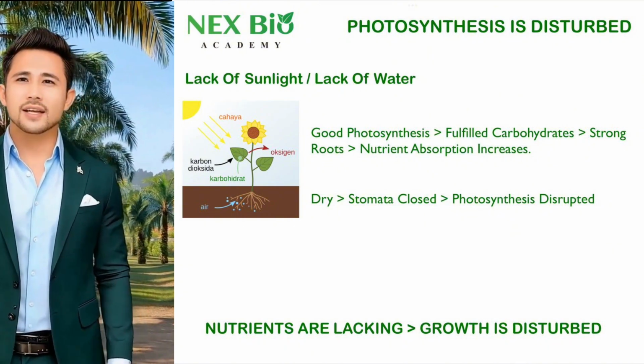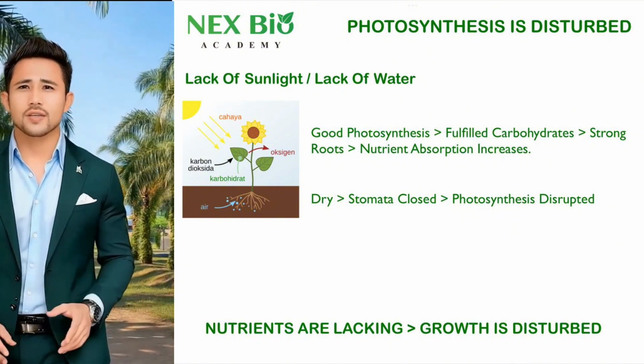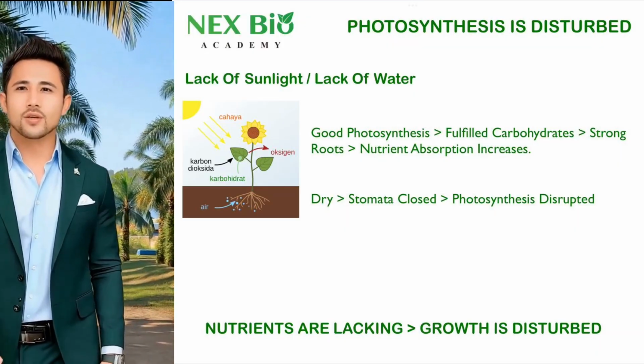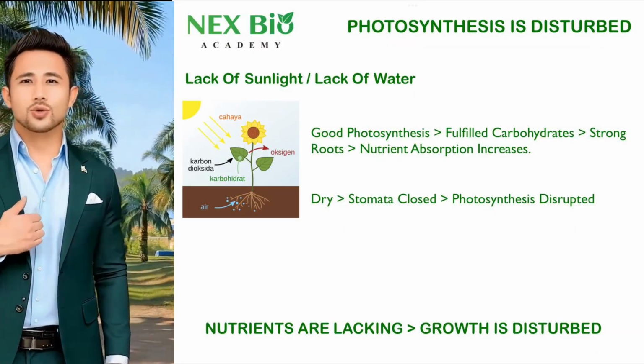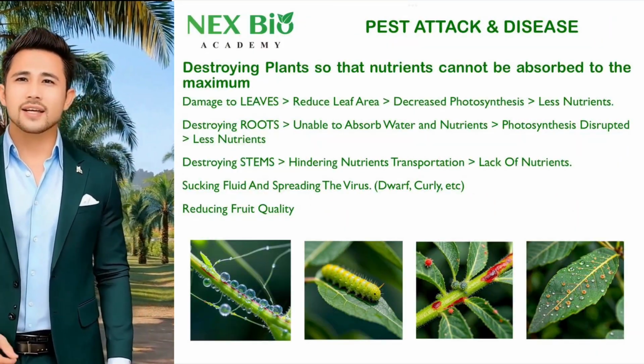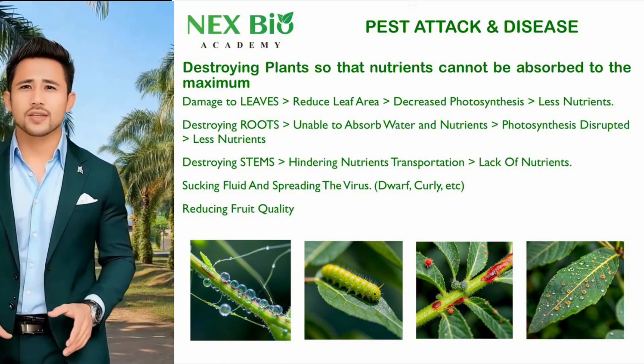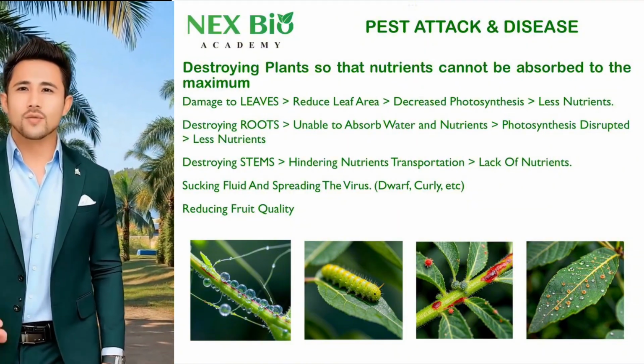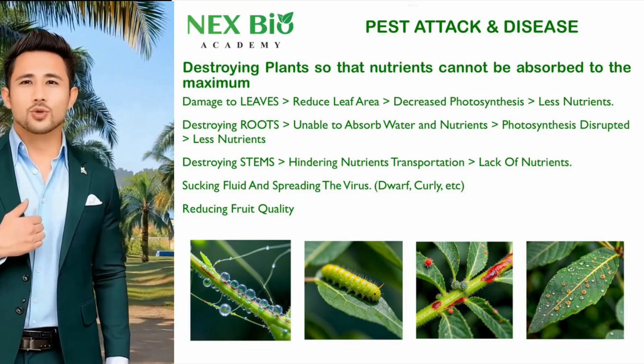This is the third point why your plant growth is disturbed and the harvest result cannot be maximum. Now we continue to the fourth point why your plant growth is disturbed and the harvest result is not maximum: pest attack and disease.